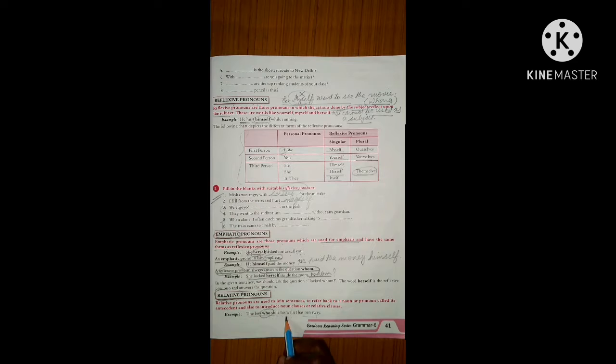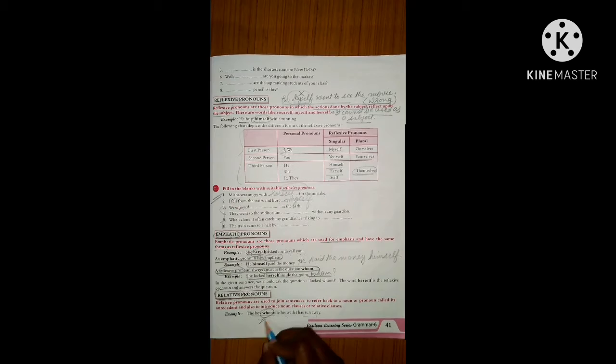How? See. The boy who stole his wallet. That boy ran away. Okay. So like this it is relating these two events. Now see, do not get confused that this is an interrogative pronoun. As we are using who, it doesn't mean that it is an interrogative pronoun.